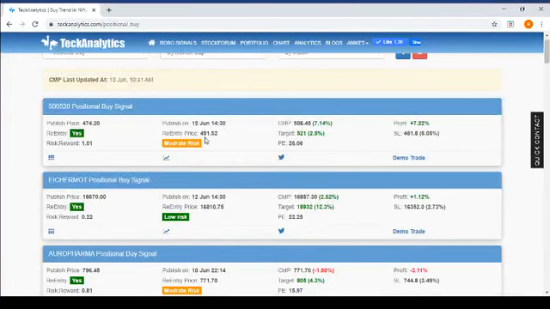Means when you buy at 491 and you are selling at 461, you will have 30 rupees loss roughly, right? But when you sell at 521, you also have 30 rupees profit, at least in this trade, correct?